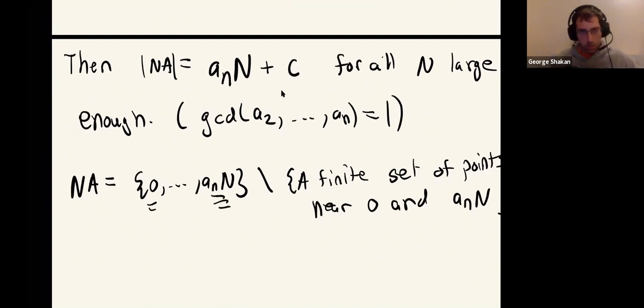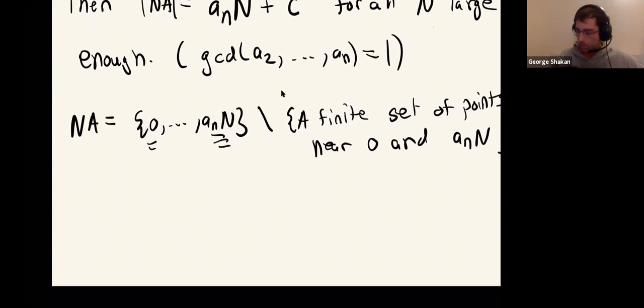But as we take more and more sumsets, these gaps start to get filled, and the only elements that are not going to be in the n-fold sumset for large n are things near the boundary. That's the point. Everything in the middle eventually gets filled out.